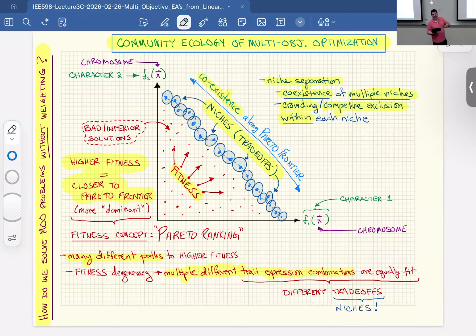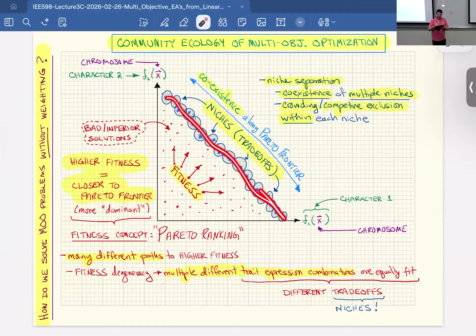That theoretically can allow for diversity, but it also creates complications because it welcomes drift back, since it creates a whole new way for neutrality to act. If all of these individuals are equal fitness, how do we maintain diversity? That's like a giant fitness plateau. So now we're not just saying make your way to the plateau, but explore the plateau and maintain diversity across it. That's a key challenge here.